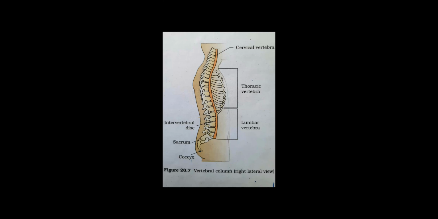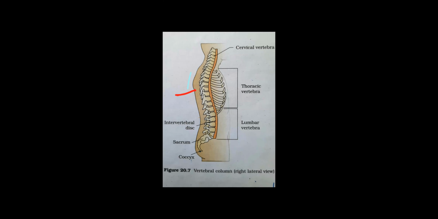It starts just below the head in the neck region, then runs down through the back part of the thorax, then the lower lumbar region, and then the hip region. Up to that it is extended.